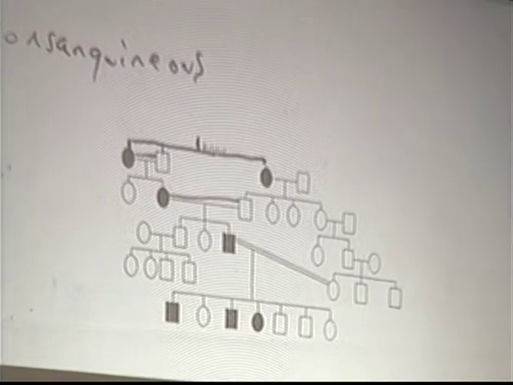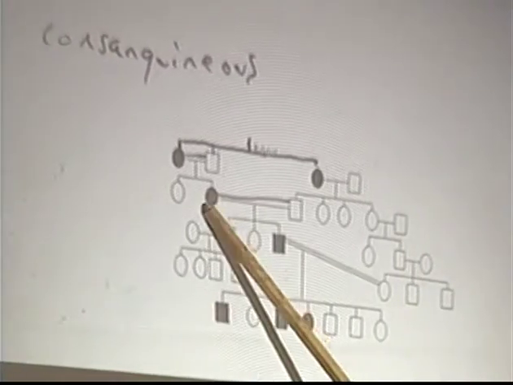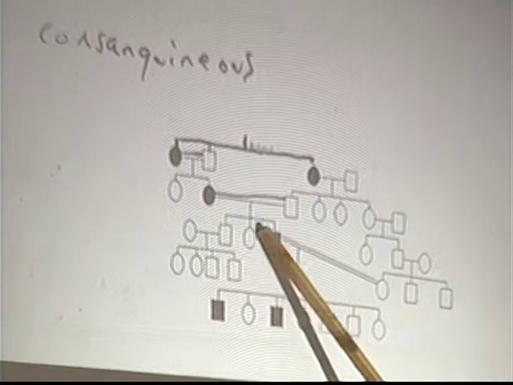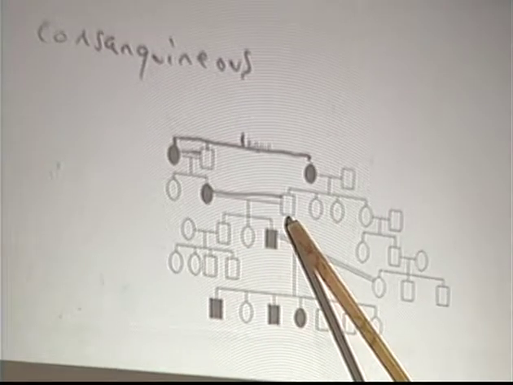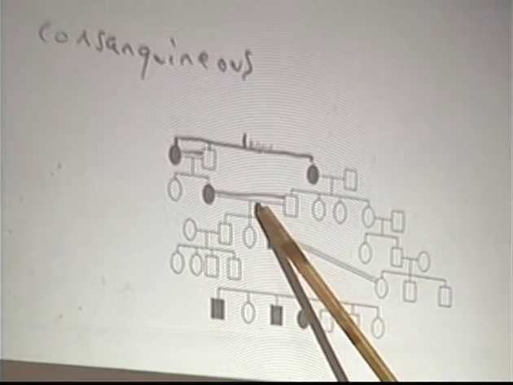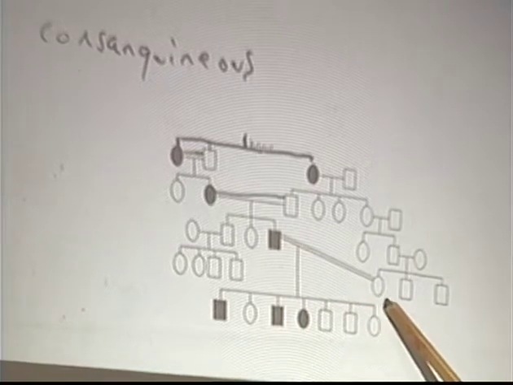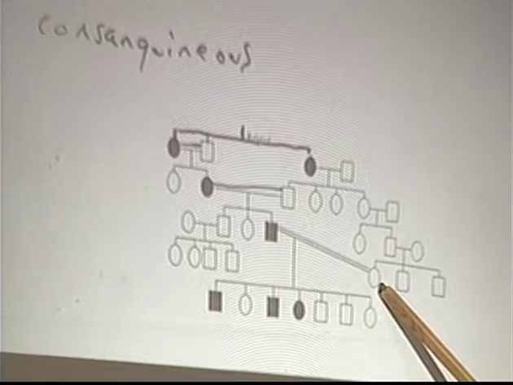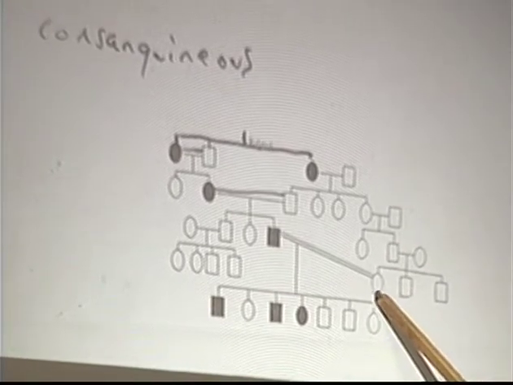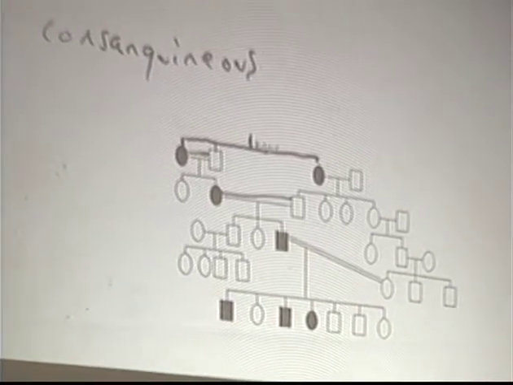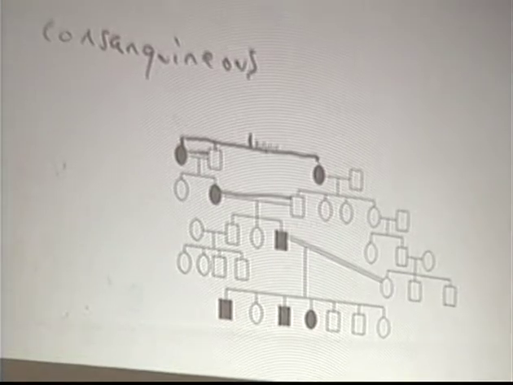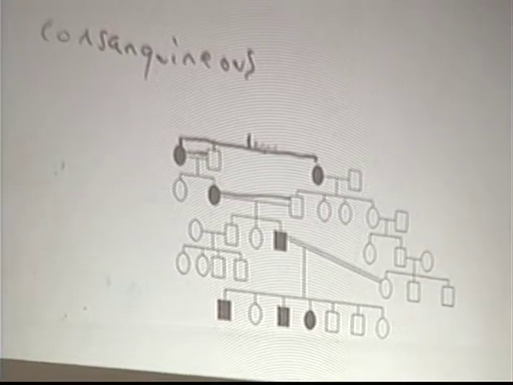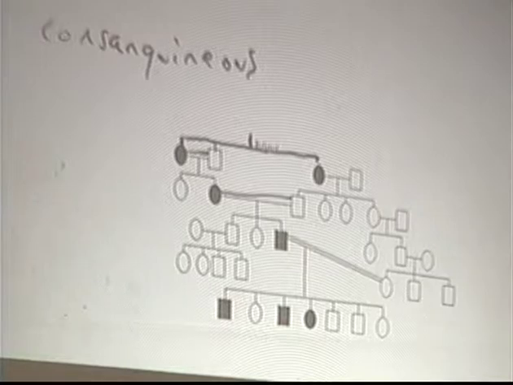So there's a consanguineous relationship here between, looks like first cousins. And then here's another one. Not sure what they'd be with relation to each other. This is a niece of this individual, it looks like, or a great niece or something. It's consanguinity.